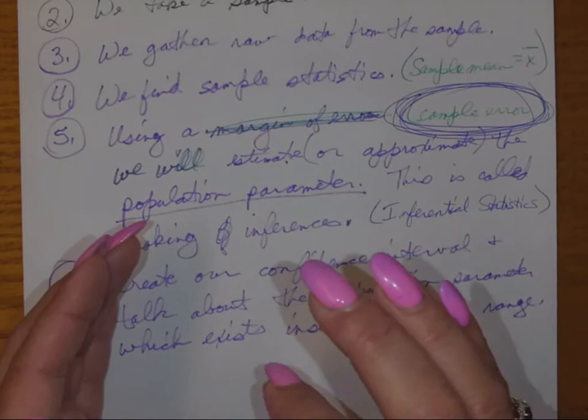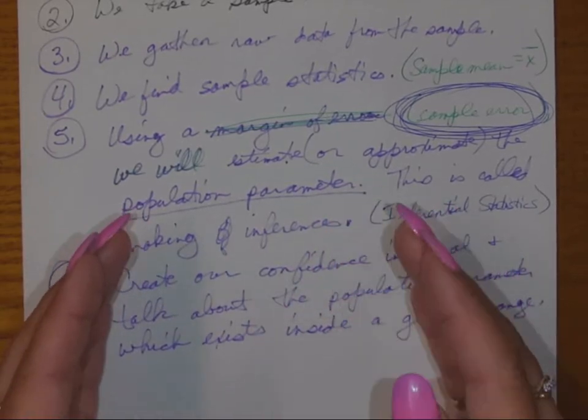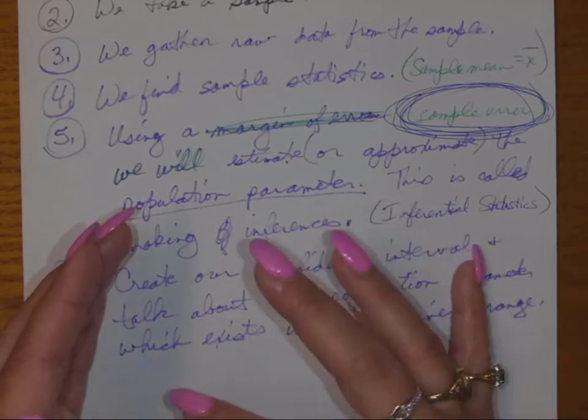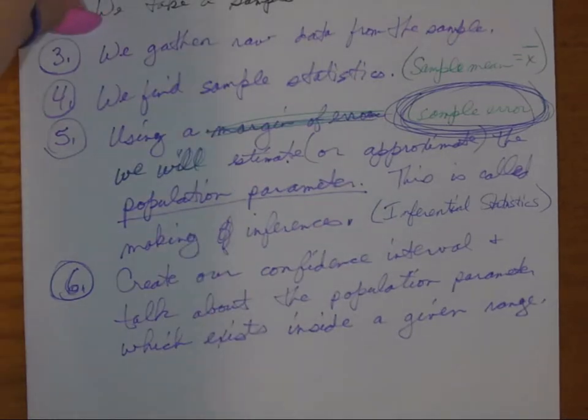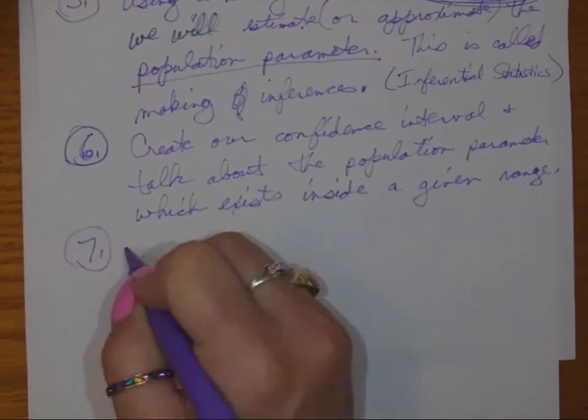And inside of those, we're pretty sure, we're not 100% sure because we didn't do a census, okay, but we're pretty sure that our population parameter is in there. And what we want to be able to say is that this outcome is statistically significant.